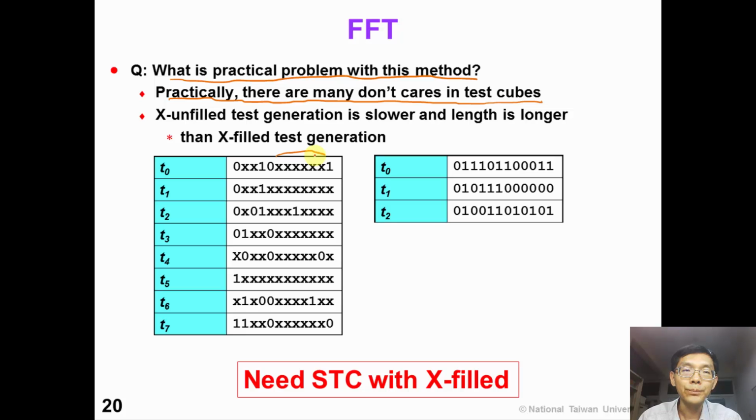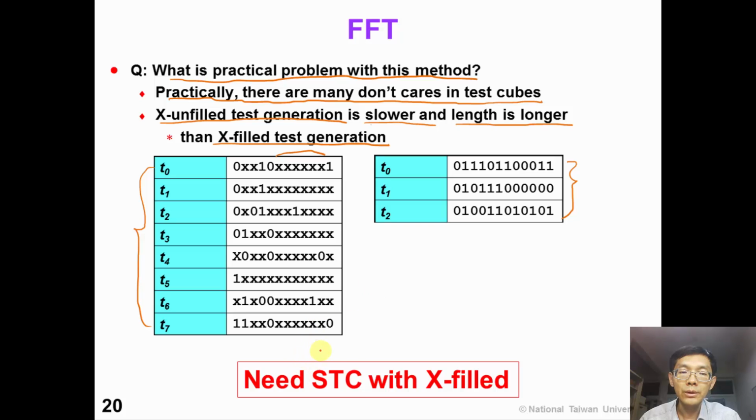are don't care. X-filled test generation is typically much slower and the length is longer than X-filled test generation. For example, we could need 8 test cubes, but only 3 X-filled test patterns to test a circuit.